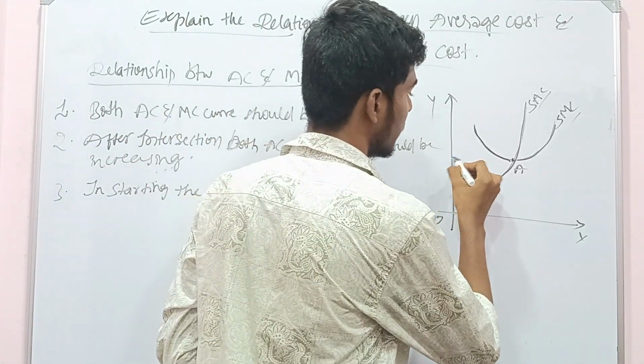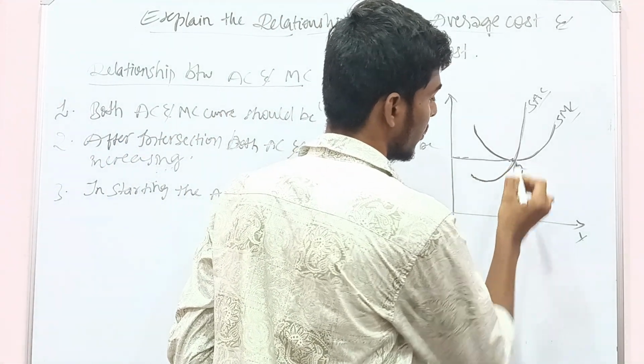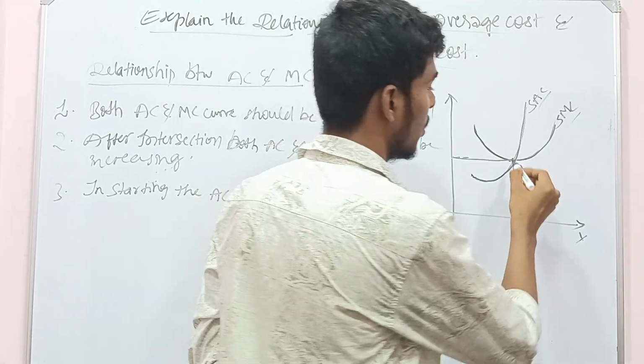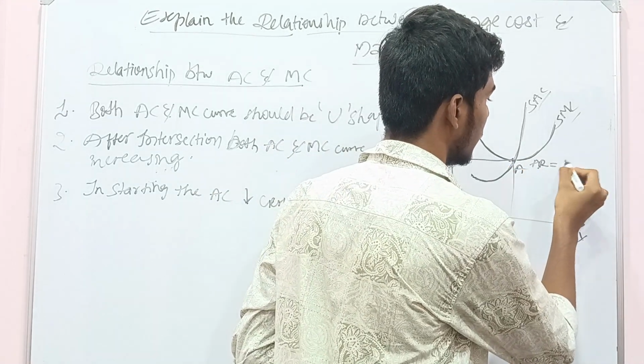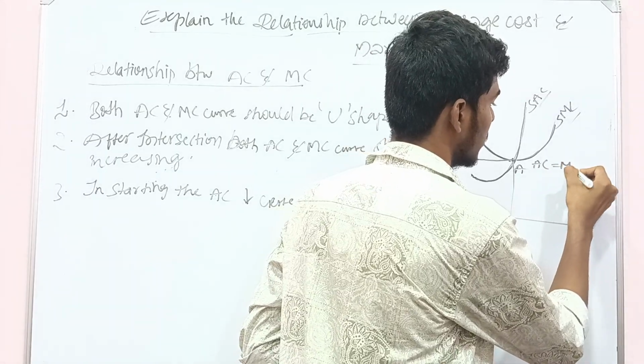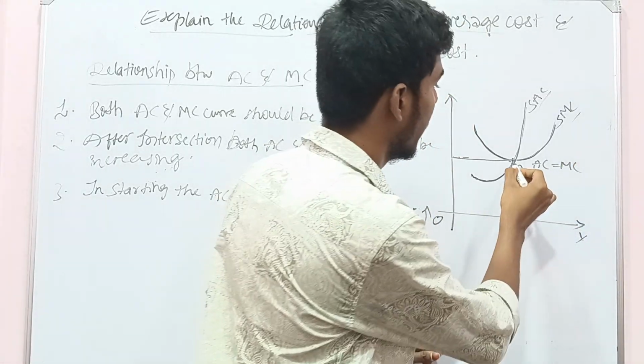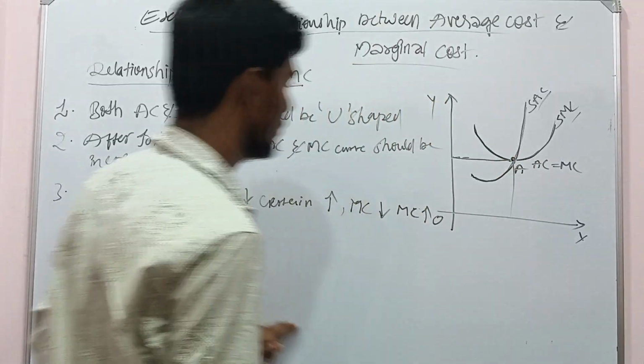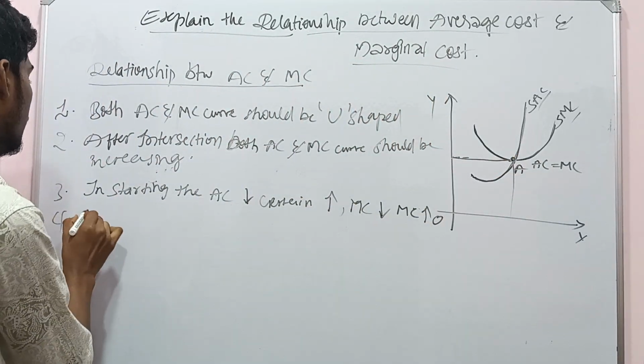Here at this point we can say that AC is equal to MC at the point of intersection. This is the fourth one.